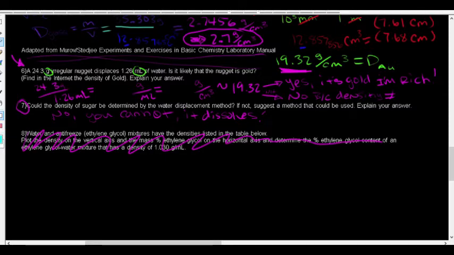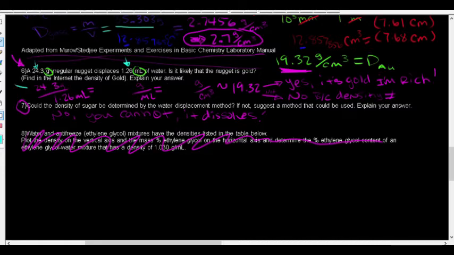Number 6, a 24.3 gram irregular nugget displaces 1.26 mils of water. Is it likely that that nugget is gold? So what you're going to do is you're going to take your mass right here over your volume and find the density of this irregular nugget that you really hope is gold so you could be super rich.